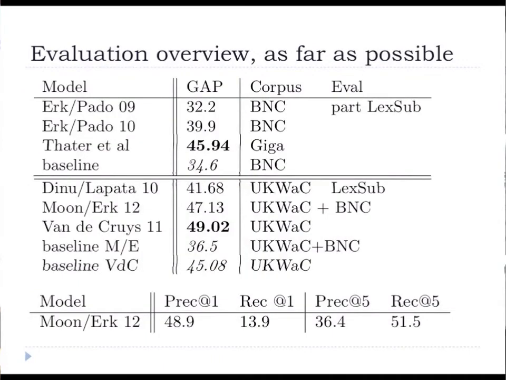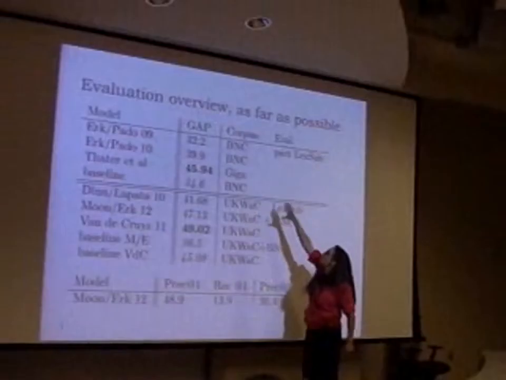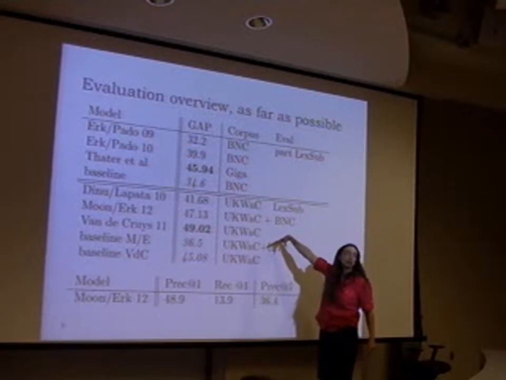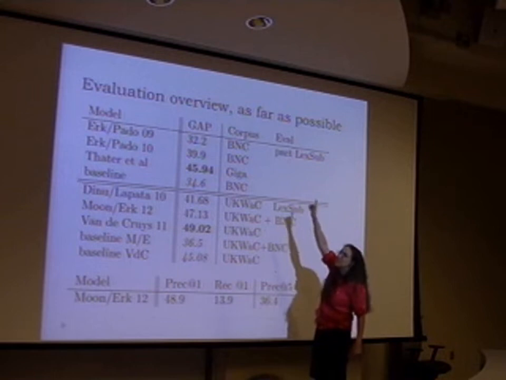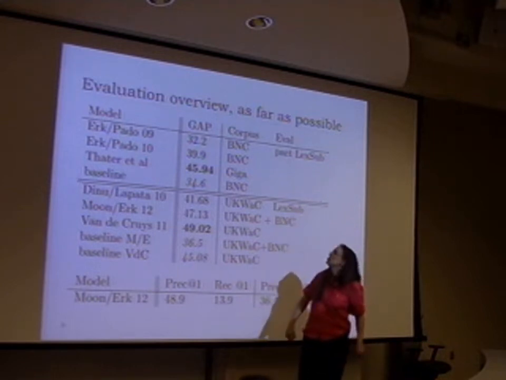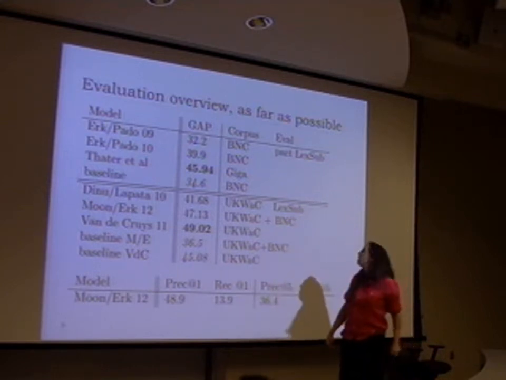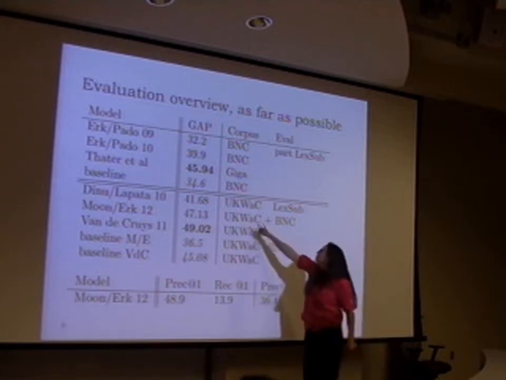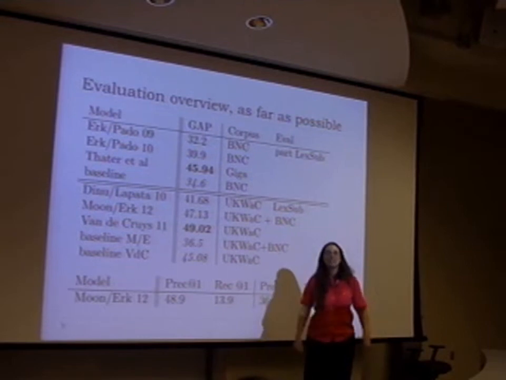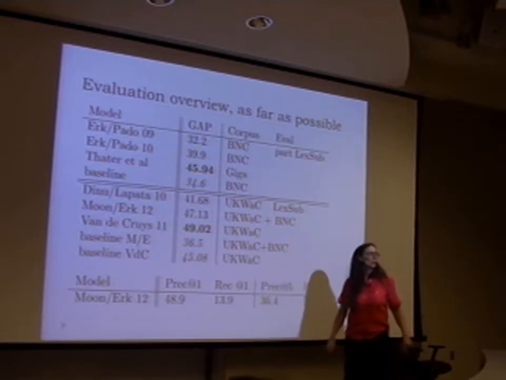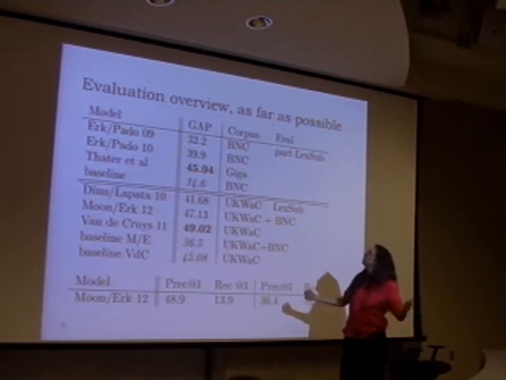So evaluation as far as possible. You can see it's a mess because of the evaluation measures picked, but also because people built their vectors on different corpora of vastly different sizes. BNC is about 100 million words, GigaWord is about 1 billion, UK WAC is about 2 billion, and of course that's going to have a big effect on how good your model works, so we can't really compare.